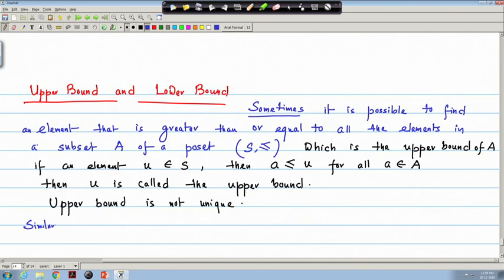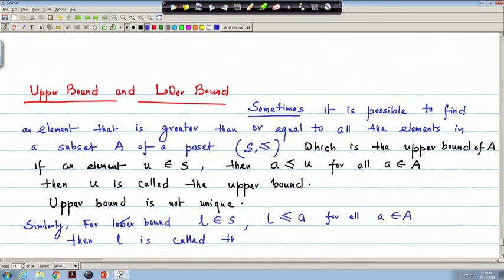For the lower bound, we can write: an element l belongs to S, and l is less than or equal to a for all a belonging to the subset A. Then l is called the lower bound of A. And again, lower bound is not unique.